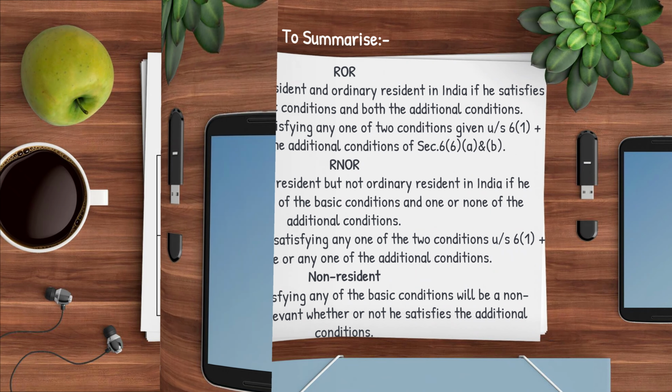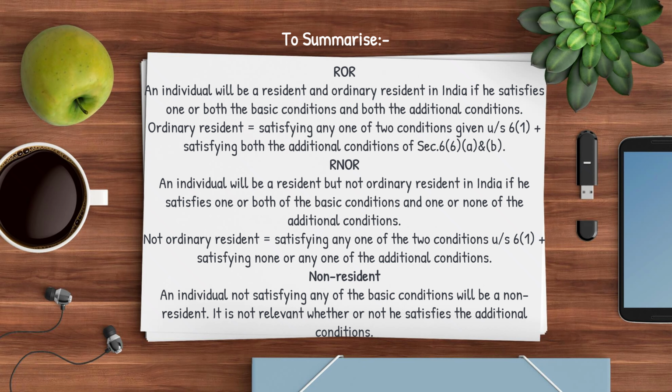So if he satisfies both the additional conditions, then he is a resident and ordinarily resident. If he fulfills one of the additional conditions, or if he fulfills none of the additional conditions, he is a resident and not ordinarily resident. But if he does not fulfill any of the basic conditions, then he is a non-resident.